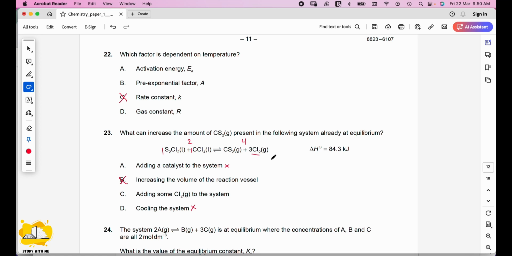So if you increase the volume, the equilibrium will move towards the higher number of molecules. Okay, so the higher number of molecules here is on the right side. So increasing the volume will increase the amount of CS2, because on the product side the coefficients total 4, and this works oppositely for pressure.